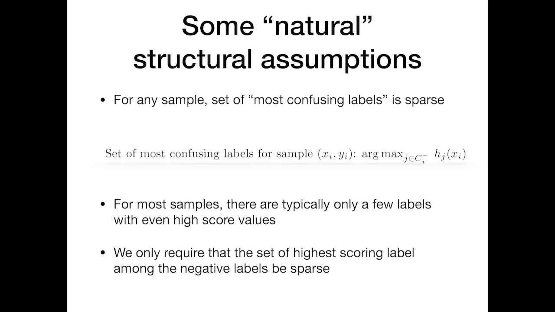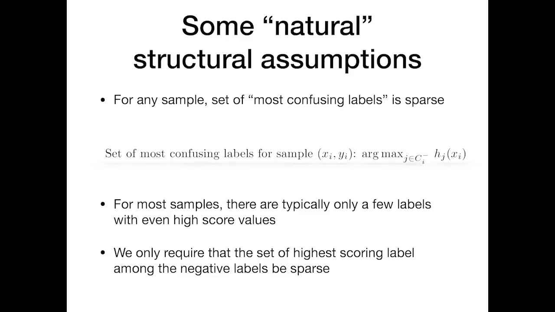Does this make sense? In general, if our score functions are reasonable, it's typically only going to be high at a few label coordinates. In most places it's going to be small, and it will think the label is on at only a few coordinates, if your score function is good. But I'm not even assuming that.